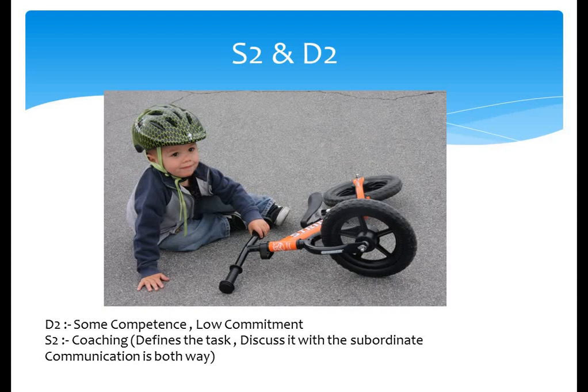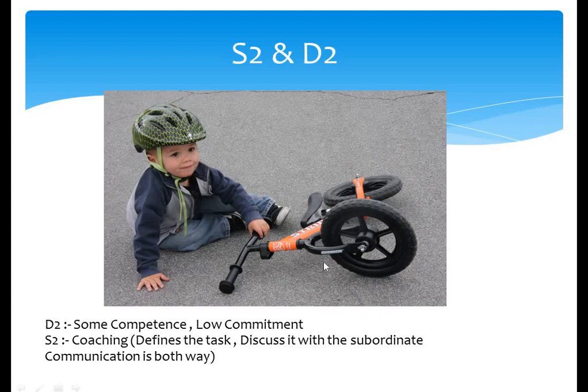So what does a leader in that case have to do? He has to use the coaching style, meaning define the task and discuss it with the subordinate, and the communication has to be both ways. The characteristics will be coach: highly directive and highly supportive. So the leader will give him all the direction and discuss with him.